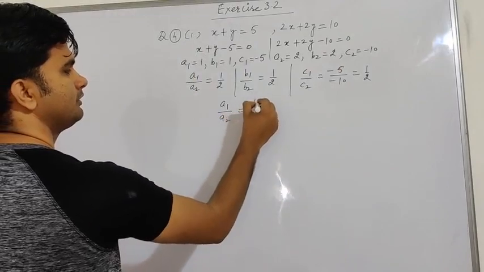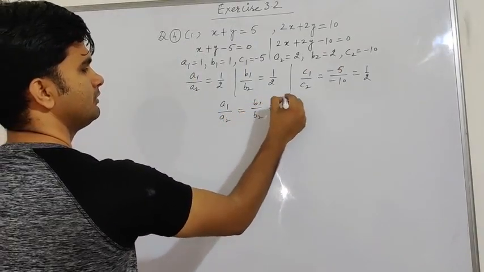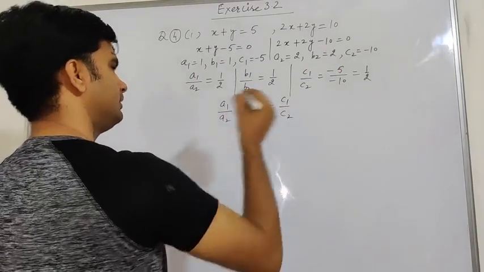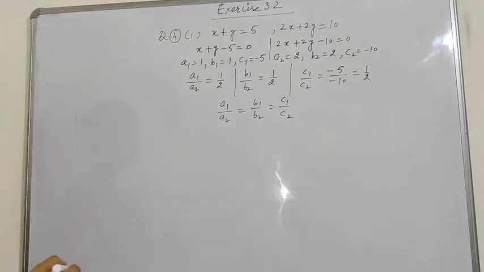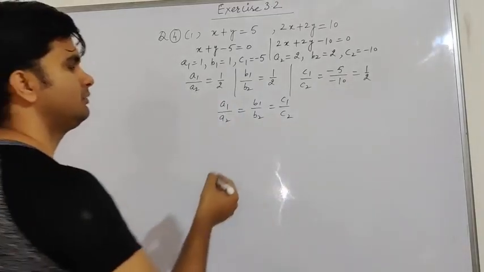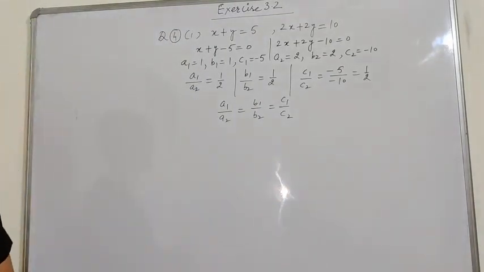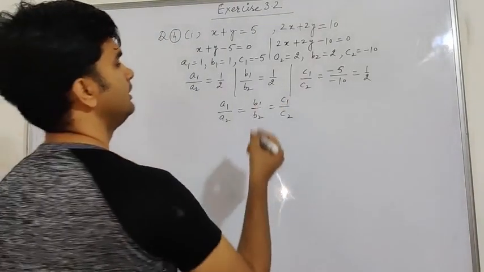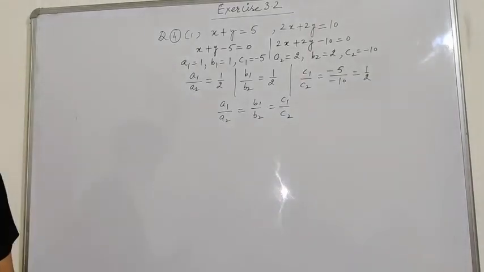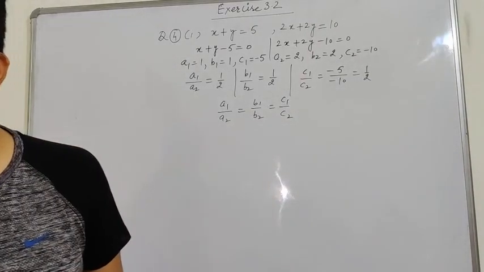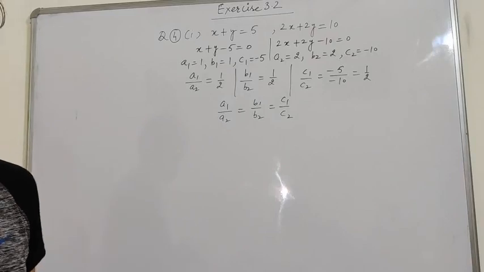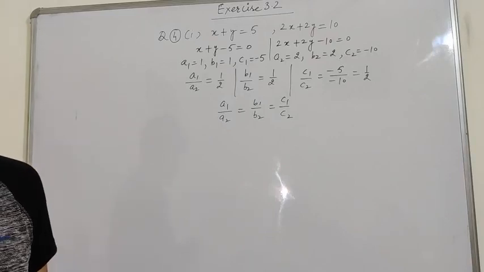a1 by a2 is equal to b1 by b2 is equal to c1 by c2. All three ratios are equal. It means what kind of solution will exist? Infinite solution will exist. So system of given equations is consistent, right? Infinite solutions exist.